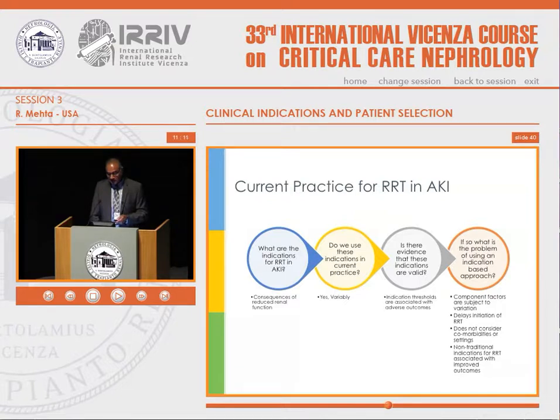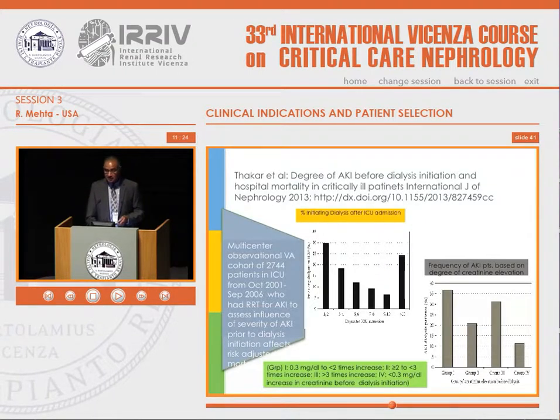The last aspect of this is that the non-traditional indications, if you start dialysis earlier, or if you decide not to wait until the pH is less than 7.15, or wait until the urea is a particular level, tends to suggest that you have a better outcome. So this is a study from the VA looking at a cohort of about 2,700 patients, and they stratified these patients in terms of initiating dialysis based upon the stage of AKI, but then they had a group of patients who did not meet any AKI criteria, and they still got dialyzed.